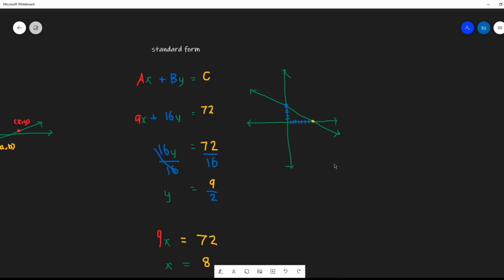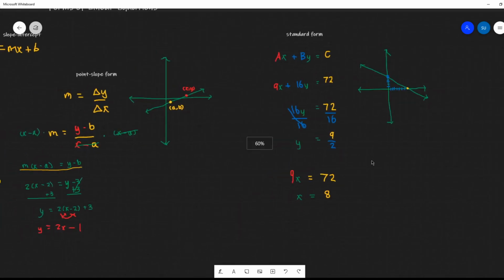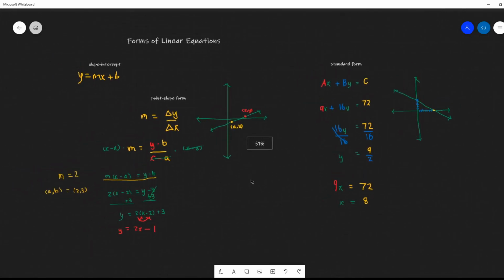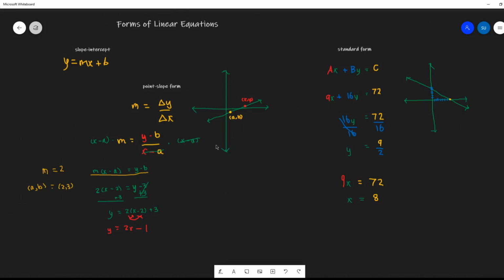So the advantage of a standard form is to find both of your intercepts, and once you find both of your intercepts, you can easily start to graph your line because you only need 2 points to graph a line. So yeah, these are essentially the 3 forms of linear equations that you're going to see, and you'll notice that you can convert each one into the other. So you can convert point slope form into slope intercept form.